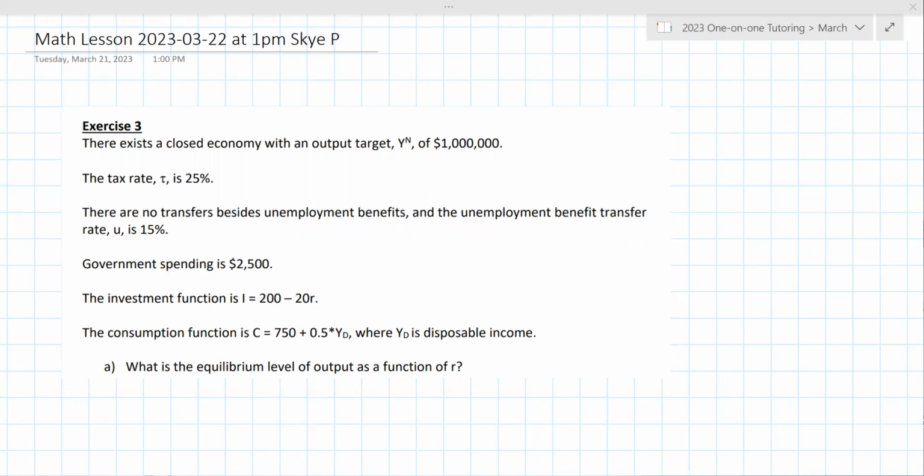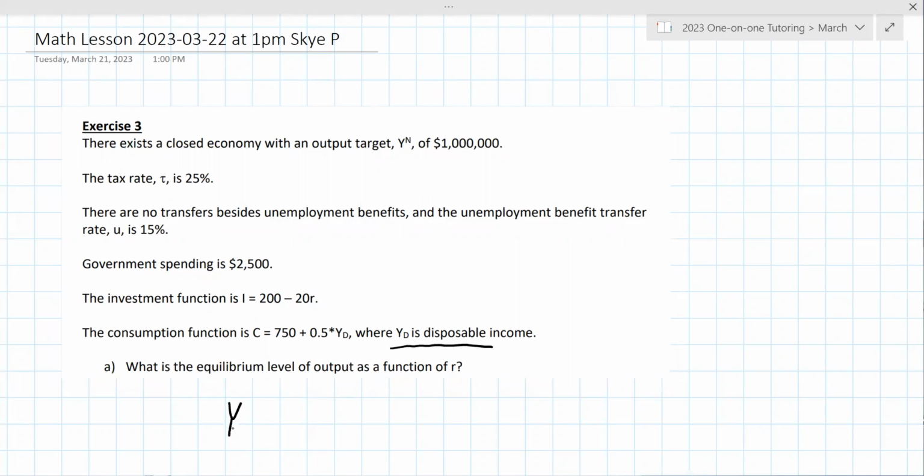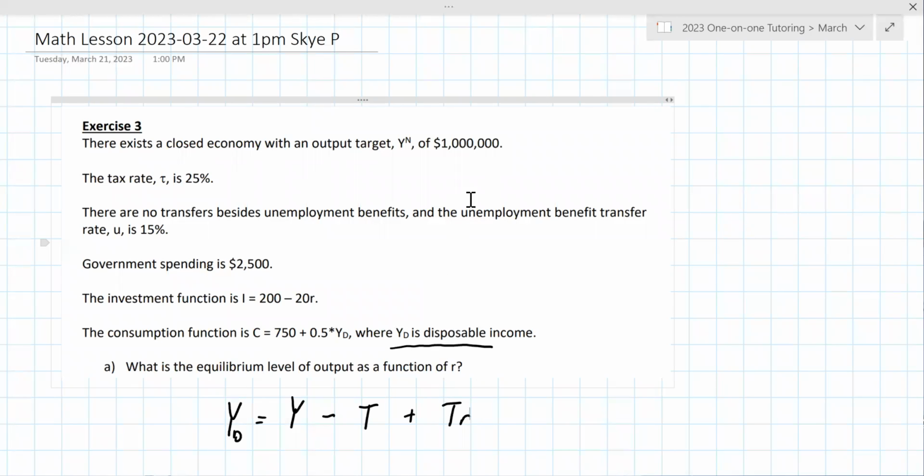Okay, so there's a formula for disposable income. Disposable income is Y minus T, so taxes, plus transfers, but then it says this comma dot dot dot, so I guess there's more to it. Not sure I completely remember that from last time, but I think transfers were between Social Security and unemployment benefits.